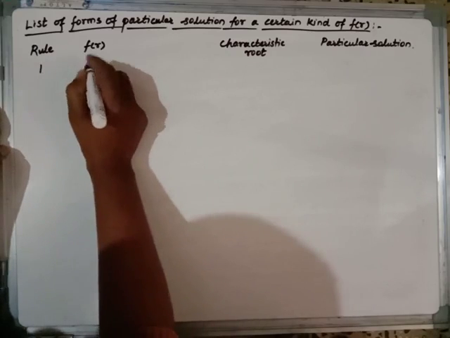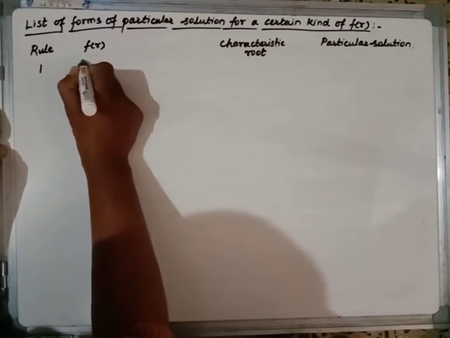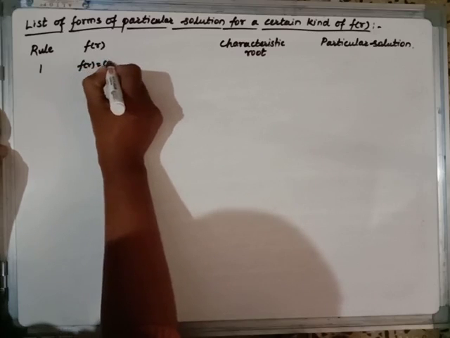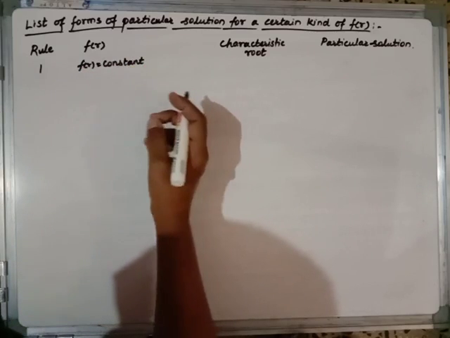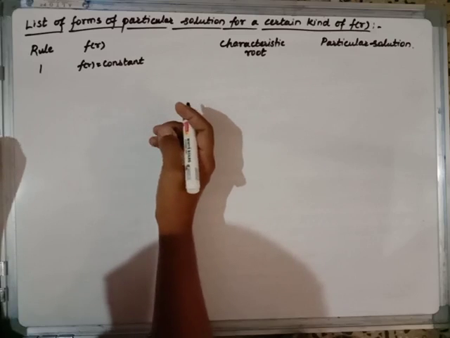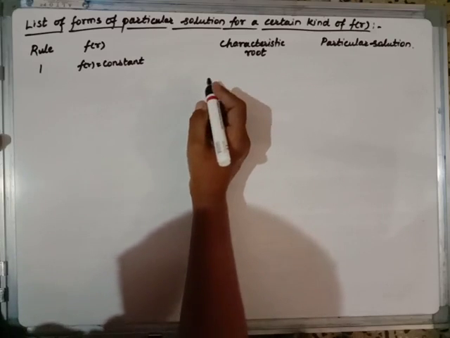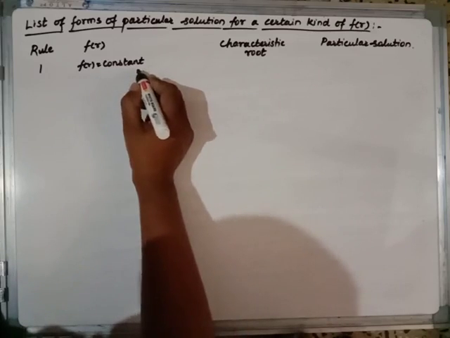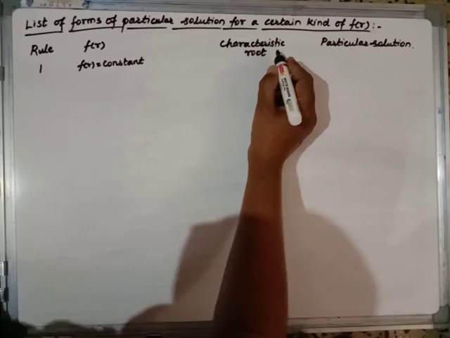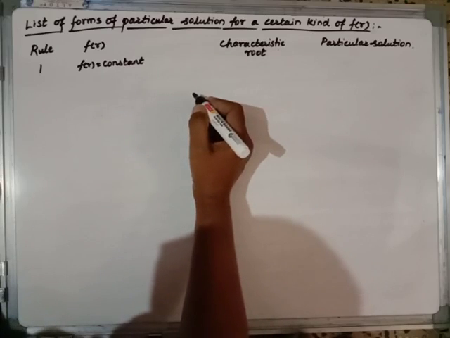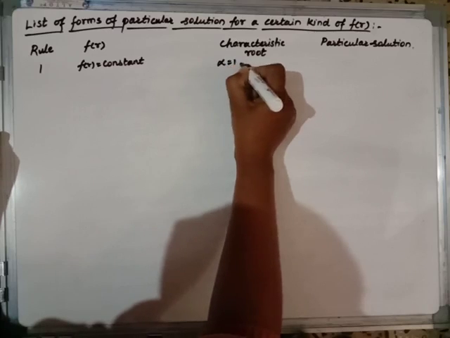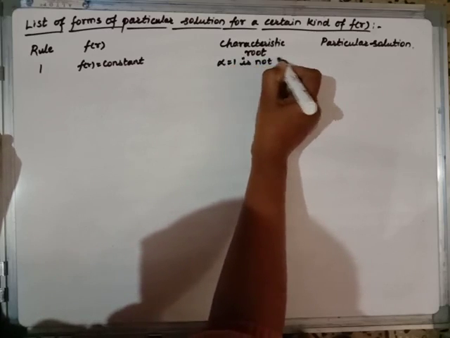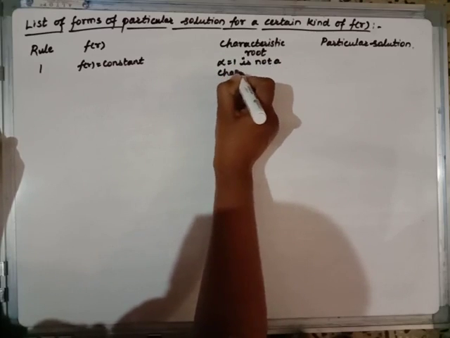Rule 1: suppose f(r) is a constant, just a number like 2 or 3. Now the characteristic root is a root of the characteristic equation. Suppose alpha equal to 1 is not a characteristic root.